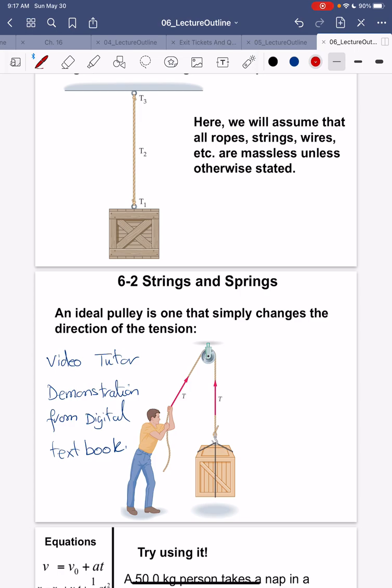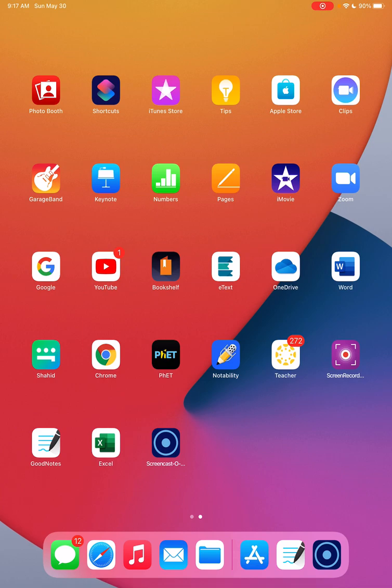I want to show you a video here. All right, and this is from your textbook. It's taking time to reload.